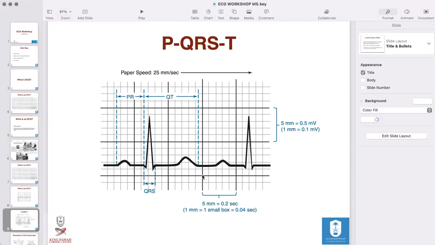Each large box represents 200 milliseconds or 0.2 second, and each small box represents 40 milliseconds. We're talking about a paper speed of 25 millimeters per second, and you can tell that if you go back here.